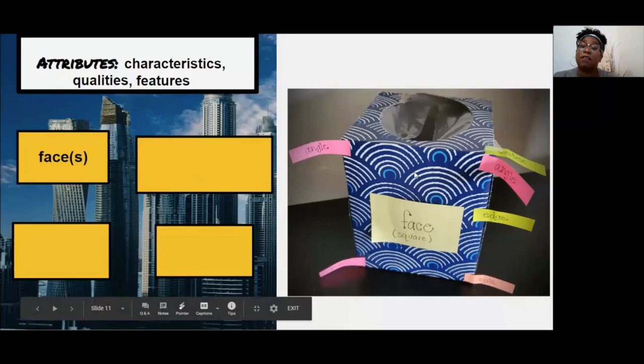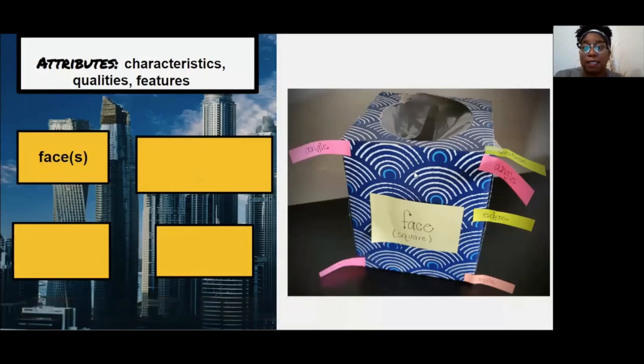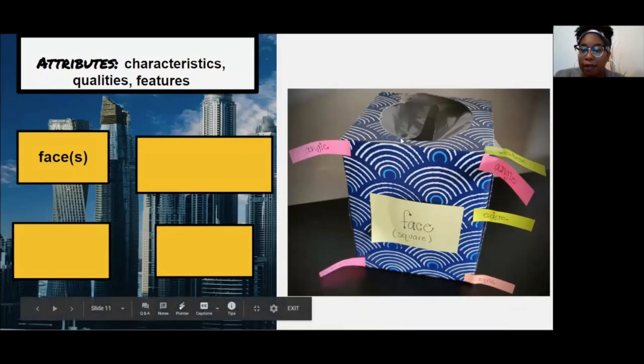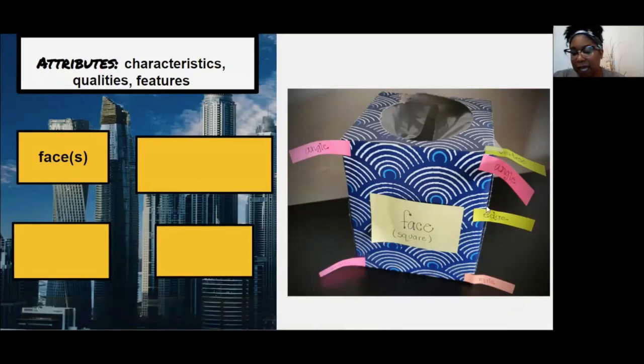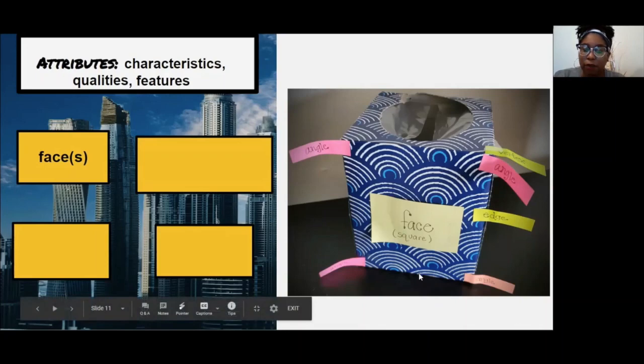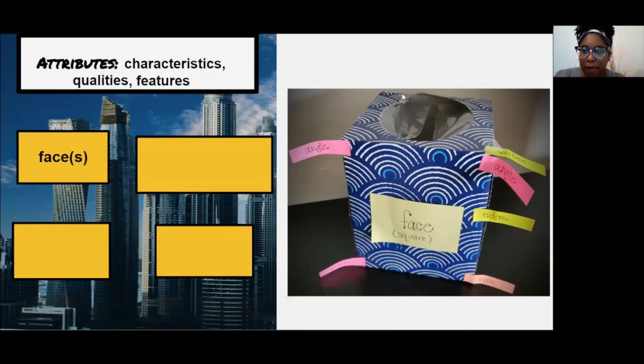The faces are the flat shapes that serve as the sides of a solid figure. So here's a face and here's a face on the side. If we lift the cube up, on the bottom there's a face, on this side there's a face, and on the back there's a face. So those are the faces.